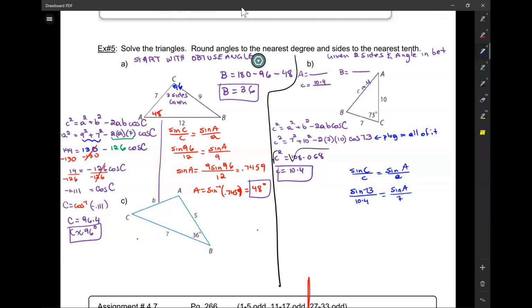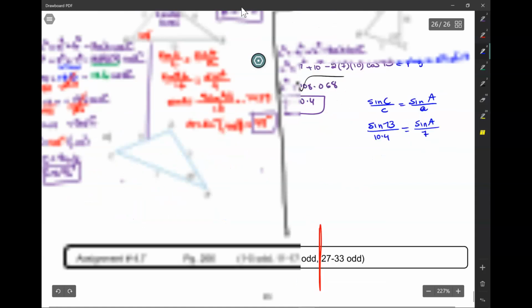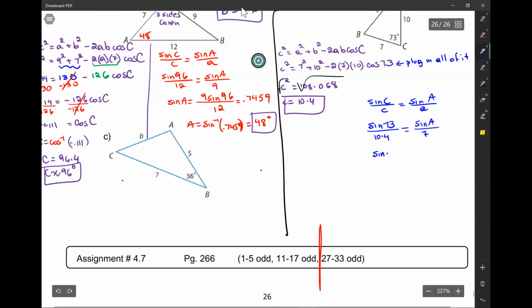All right, so let's go ahead and find sine of A and then eventually A. We're going to do our cross multiplication technique.